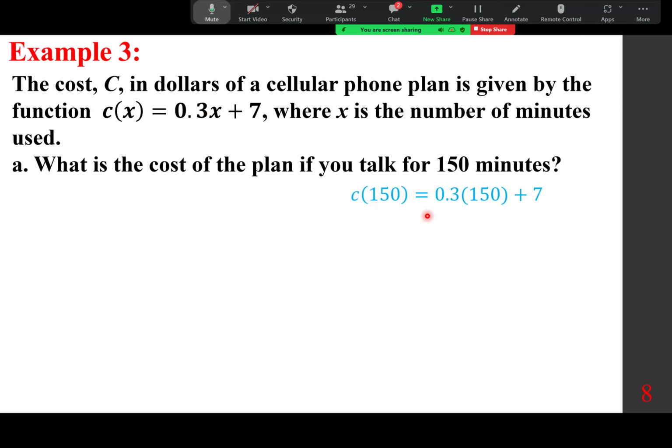So C of 150 means 0.3 times 150 plus 7. Three times 15 is 45. Please understand the one decimal, they cancel each other. So pretty straightforward, everybody. $52.